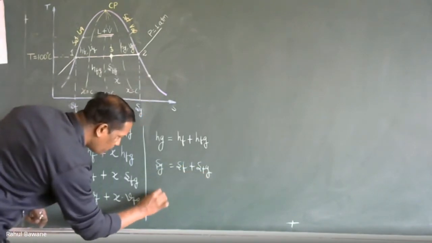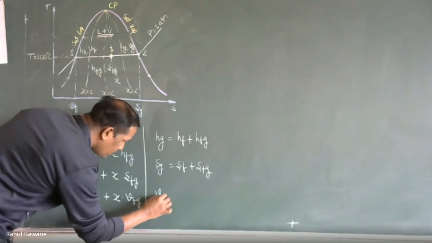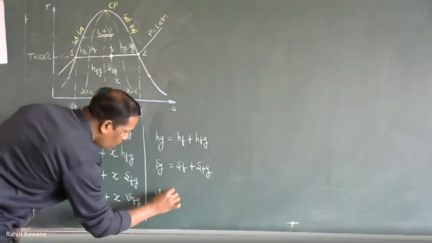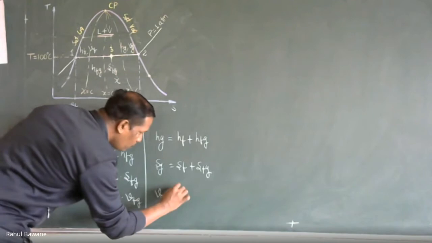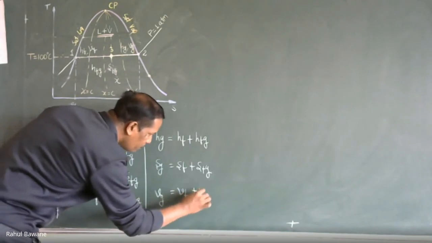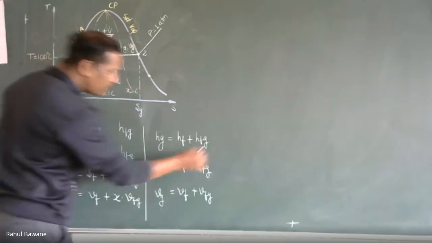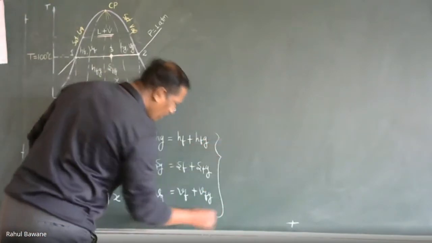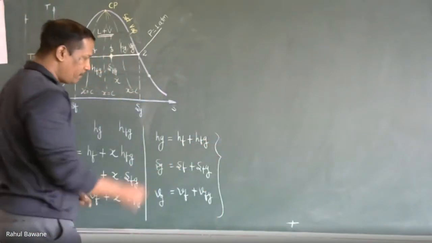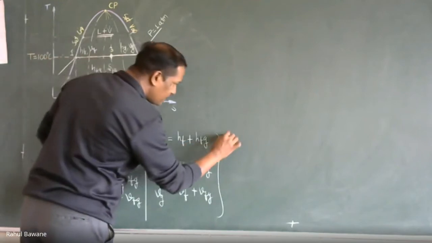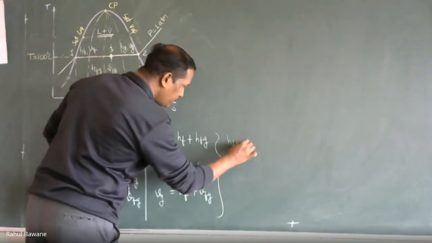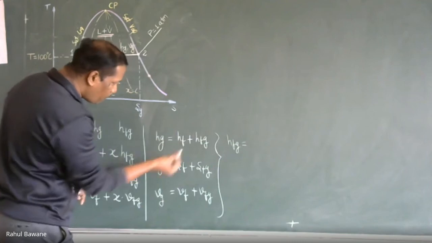Similarly, Vg is equal to Vf plus Vfg. From this relation we can calculate Hfg: Hfg will be Hg minus Hf.